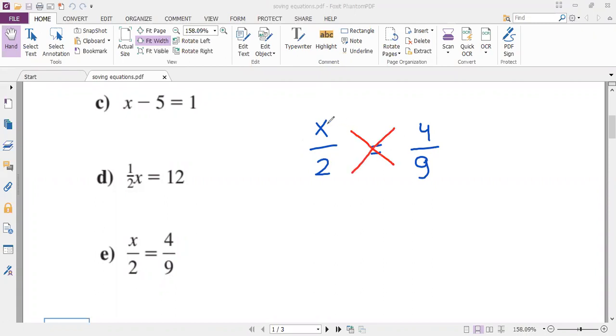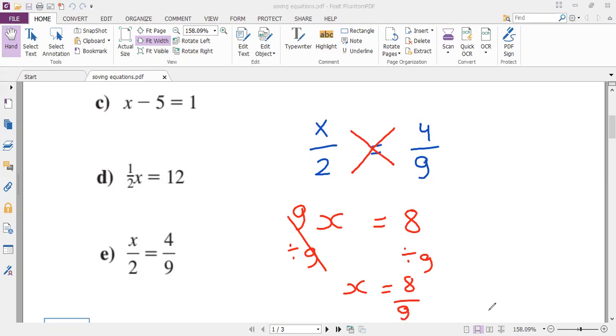So cross multiplying, x times 9 equals 9x, equals 2 times 4, which is 8. And to get rid of 9, divide by 9 both sides. So x equals 8 over 9. This is the first strategy we follow to find the variable x, by doing cross multiplying.